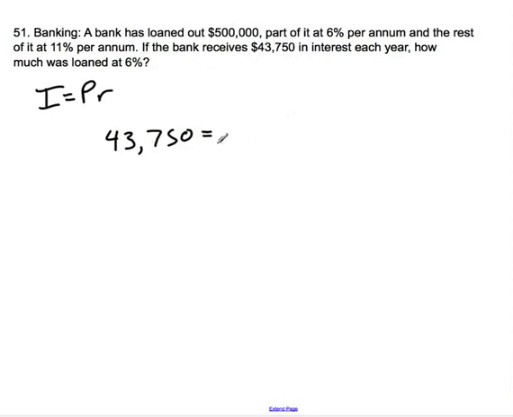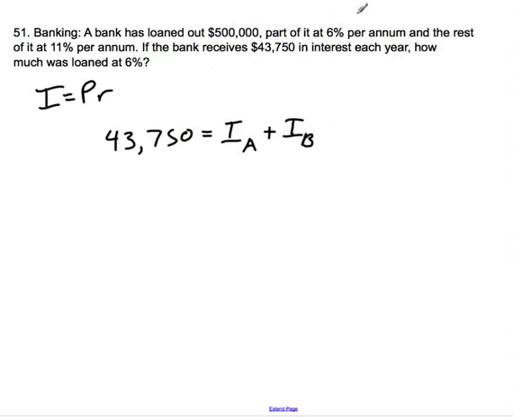So we'll do the interest at A, the amount given at 6%, plus the interest at B, which is the amount at the other rate.